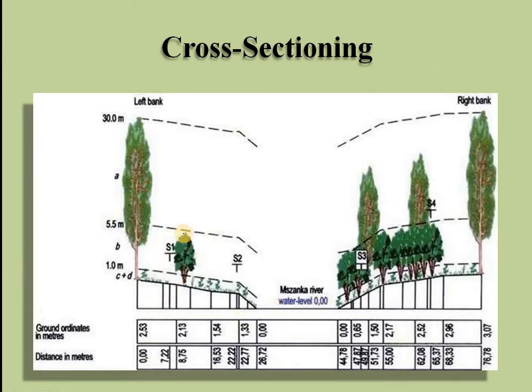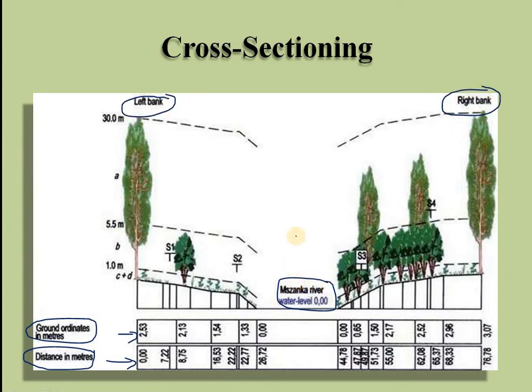Coming to cross sectioning, we can see the diagram. It shows a river with a water level of 0.00, and these are the ground ordinates in meters, and this is the distance in meters. These are all the ground levels, and this is the left bank and this is the right bank.